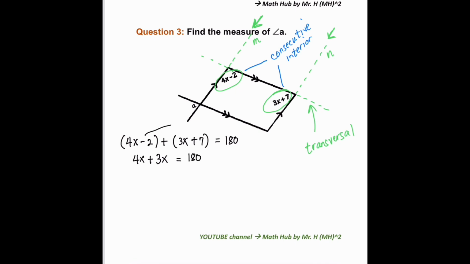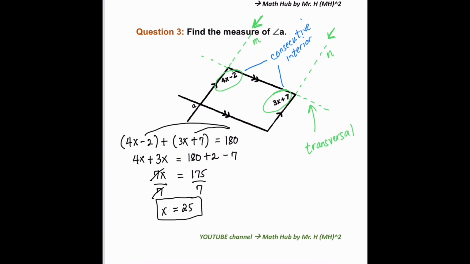Negative 2 will jump over and become plus 2, and positive 7 will jump over and become minus 7. So 4x plus 3x is 7x equals 175. Then to find x, we divide both sides by 7. Cancel out. So 175 divided by 7 will be equal to 25.